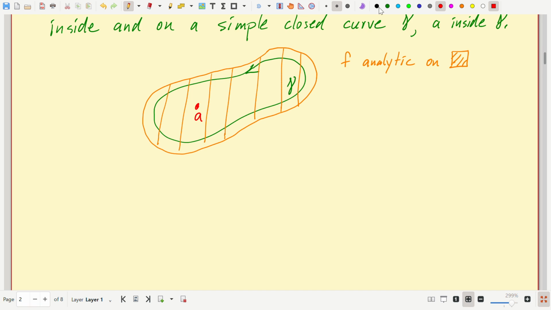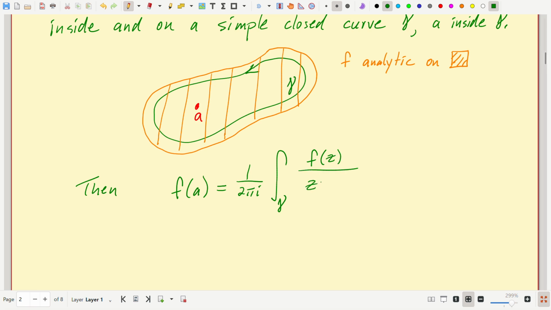Then the exciting thing is the value of f at a is 1 over 2 pi i times the integral around gamma of f of z over z minus a dz. Mind-blowing thing. The value at any point inside is completely determined by the values on that curve.